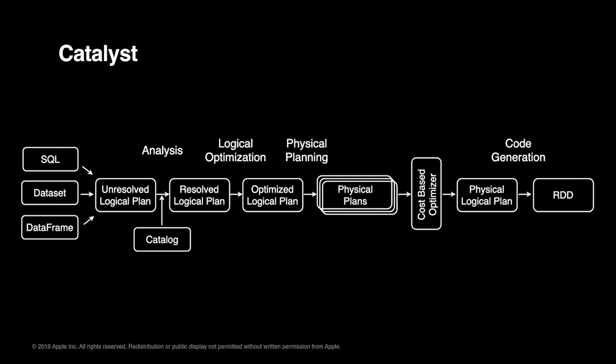So we do it until the logical plan won't be changed, so stabilized, or until we reach the threshold. And then we do physical planning. So combined with the physical information, we can create a bunch of the physical plan, and we use cost-based optimization to pick up the best physical plan. And then we do code generation. We generate a specialized code and execute it on top of the data. So this is the overall picture, although it's oversimplified, but it's an overall picture of how Spark Catalyst Optimizer work.